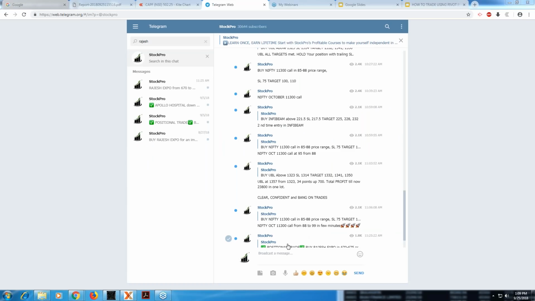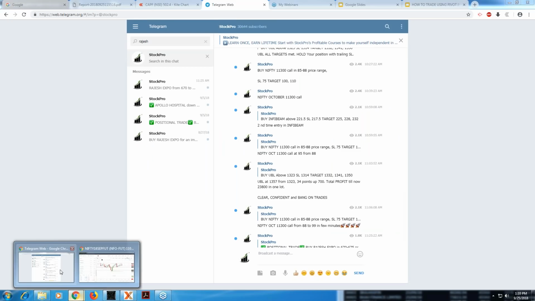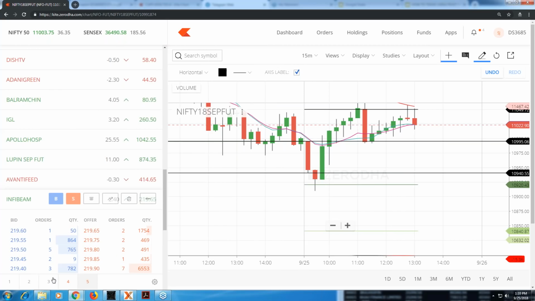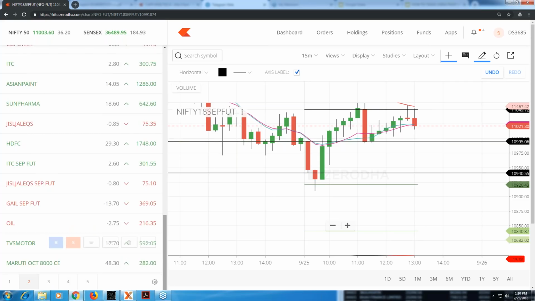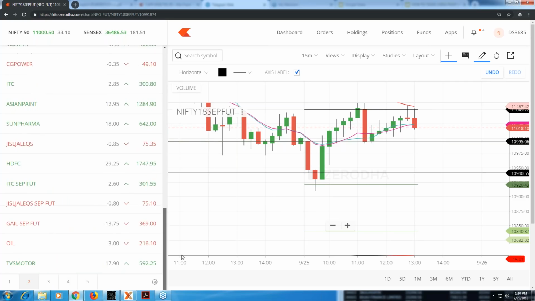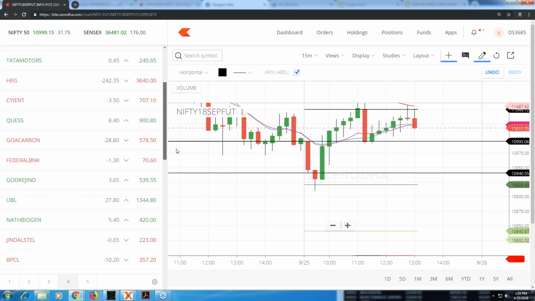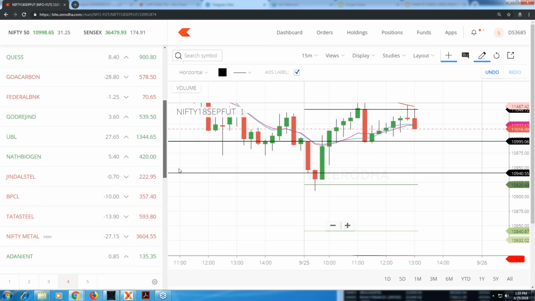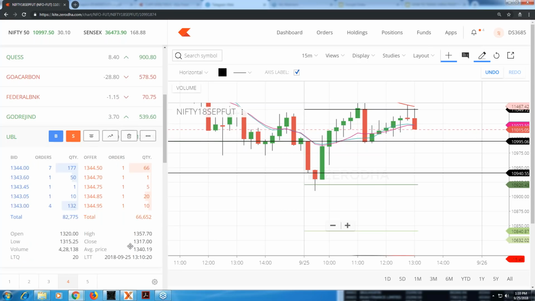Today I've given a trade of UBL, a trade of Infibeam, and a trade of Reliance. Reliance has not been executed as of now. I've given it a buy above 1245, which it could not reach. Then I gave UBL, a buy above 1323, and it went up to, let me just see till what point, 1357.7.